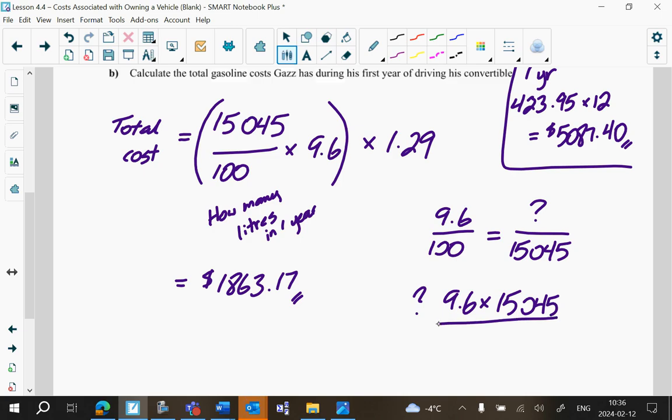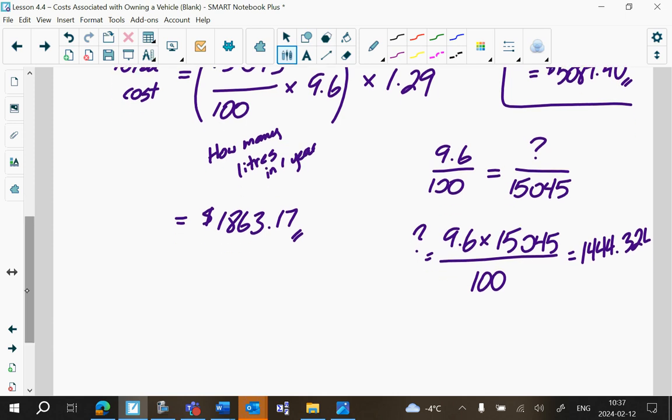And that would give you the number of liters, right? So which actually works out to 1,444.32 liters. And then you times that by 1.29 to get the total cost of gas, which is obviously going to work out the same as when we did it the other way.